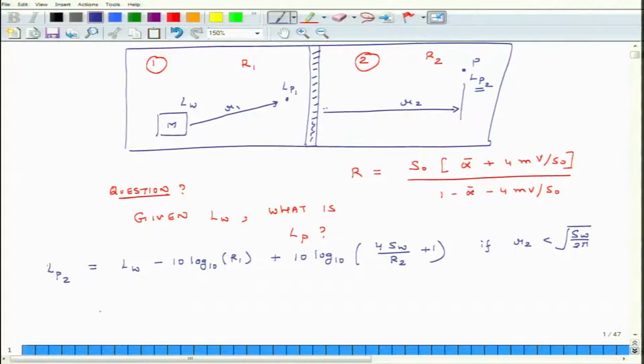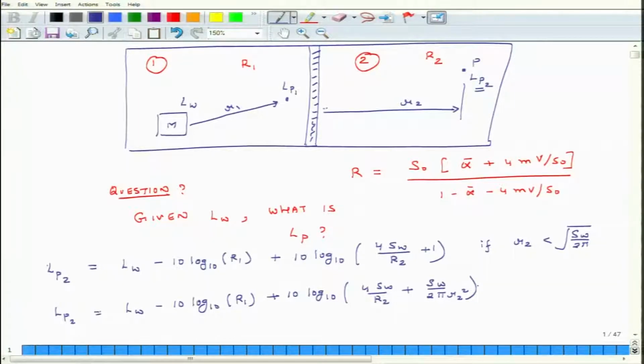And this is LP2 equals LW minus 10 log 10 of R1 plus 10 log 10 of 4 SW by R2 plus SW by 2 pi R2 square.